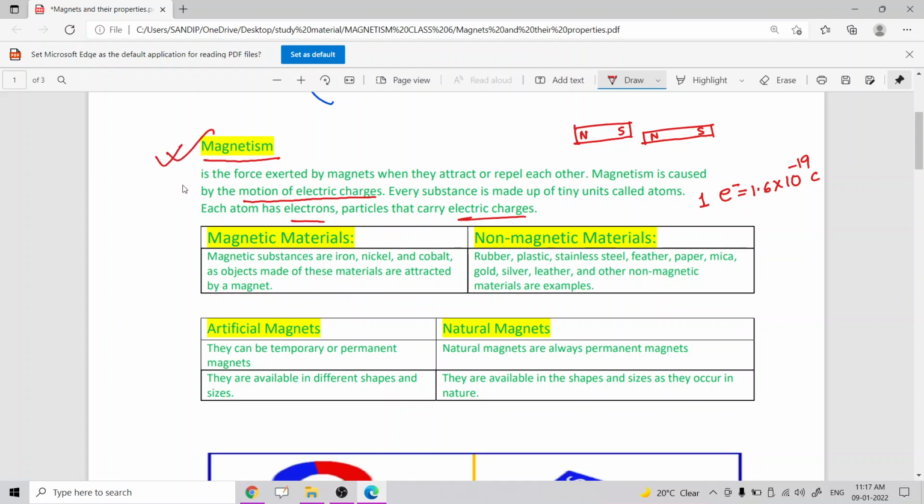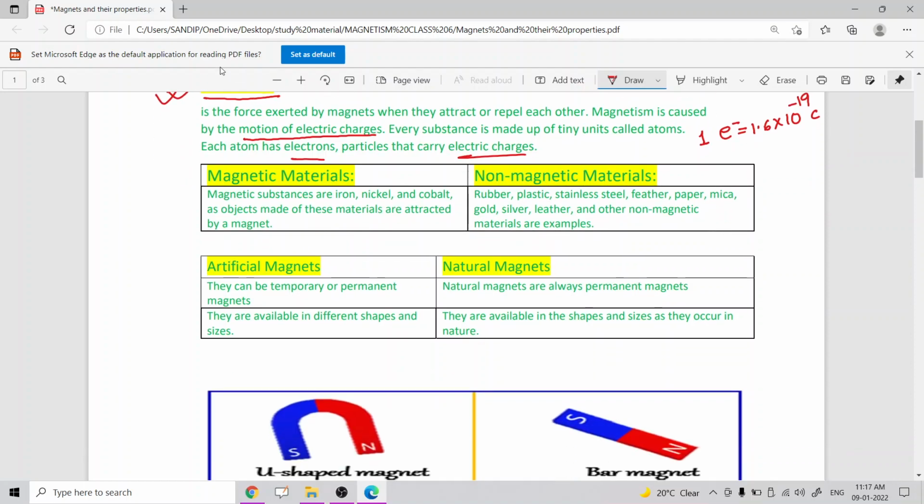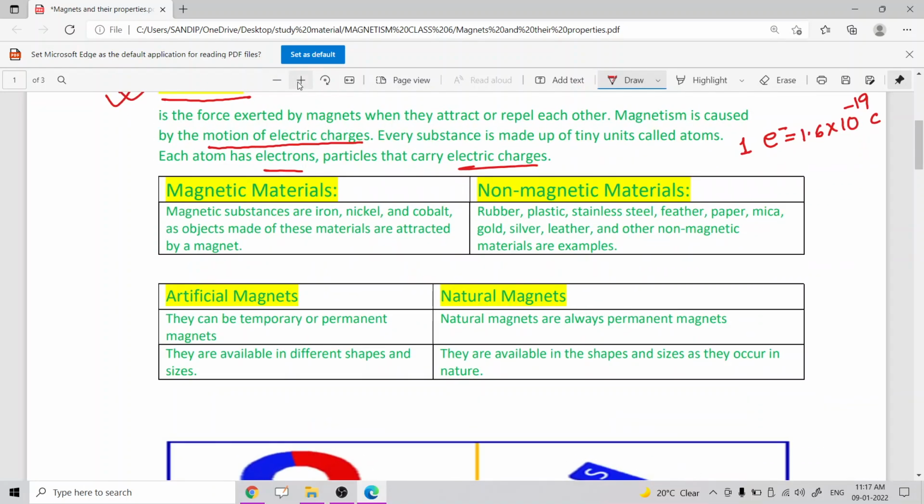Now the next one is what is the difference between magnetic and non-magnetic materials. First, magnetic materials are the materials or substances that are easily attracted by a magnet. Examples are iron, nickel and cobalt.